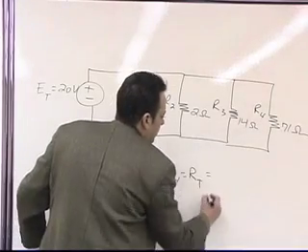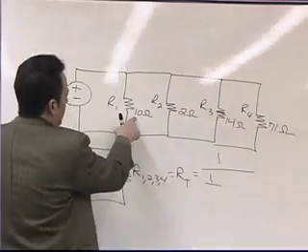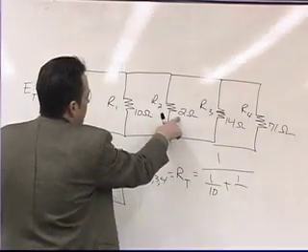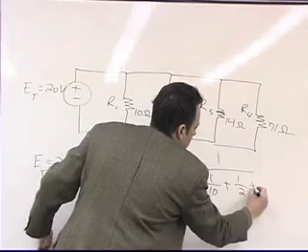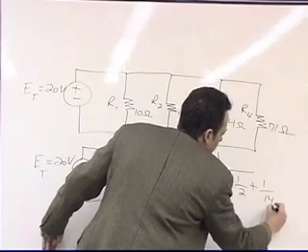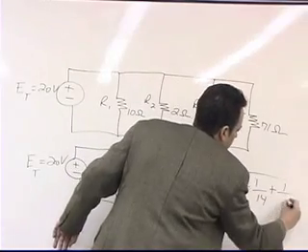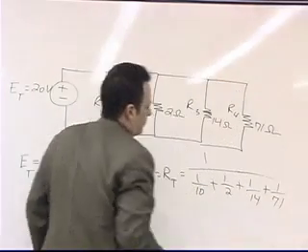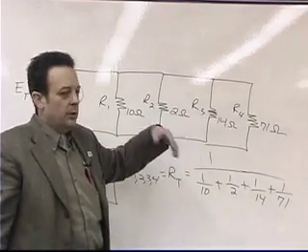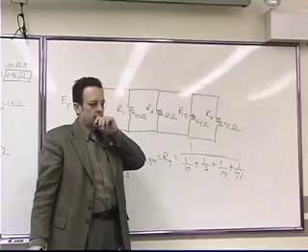That's going to be equal to 1 over the inverse of this resistor, 10, plus the inverse of this resistor, 2, plus the inverse of this resistor, 14, plus the inverse of this resistor, 71.